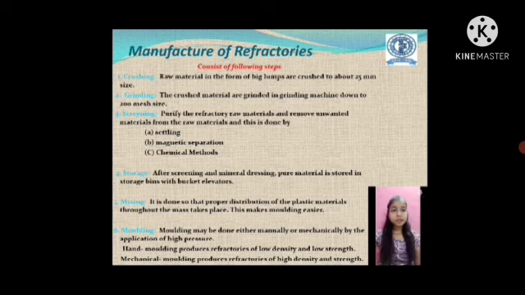Purify the refractory raw material and remove unwanted materials, and this is done by settling, magnetic separation, and chemical methods. Fourth, storage. After screening and mineral dressing, pure material is stored in storage bins with bucket elevators.